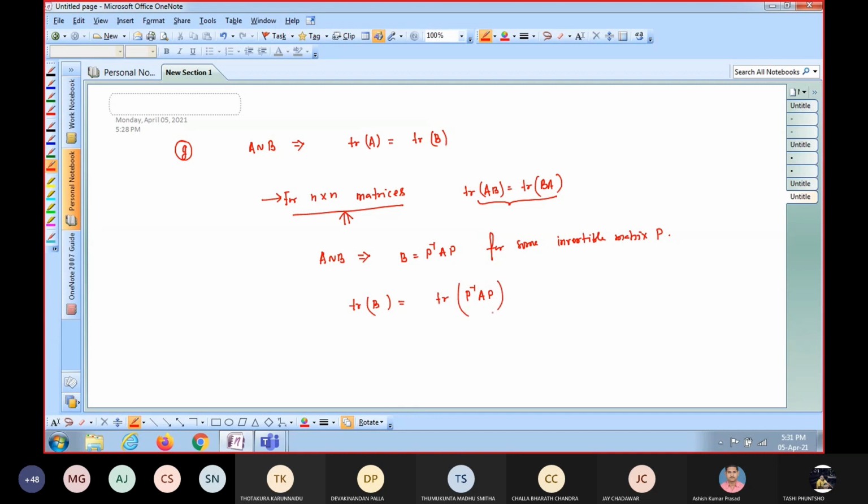Now what I do, I club these two elements together and this two. This I read as A, this I read as B. So AB is equal to BA. Trace of AB is equal to trace of BA. So this is trace of AP into P inverse. Now P and P inverse are getting cancelled, so this is equal to trace of A. Right? So if A is similar to B, then trace of A is equal to trace of B.